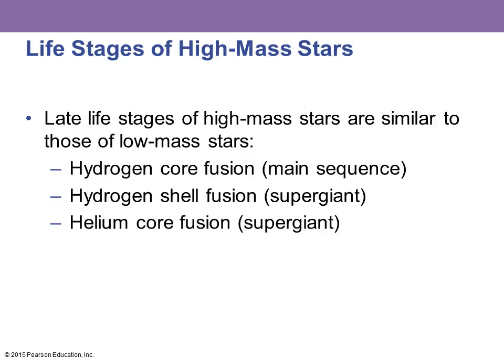So late life stages of high mass stars are similar to those of low mass. We have core fusion, that's on the main sequence again. We have hydrogen shell fusion as a supergiant, not a giant, but a supergiant, and then helium core fusion as a supergiant.